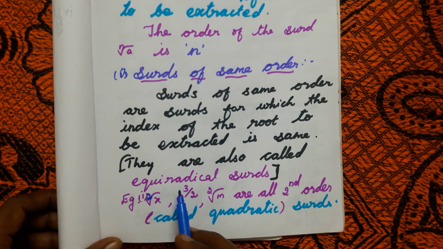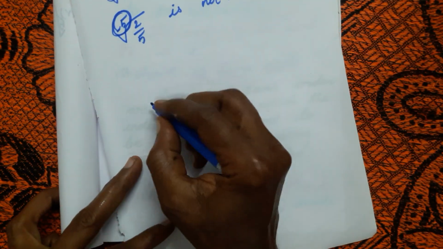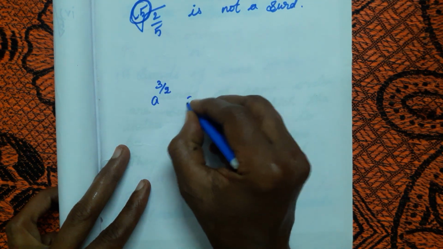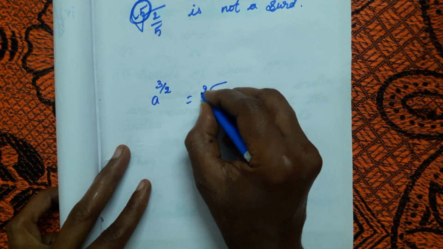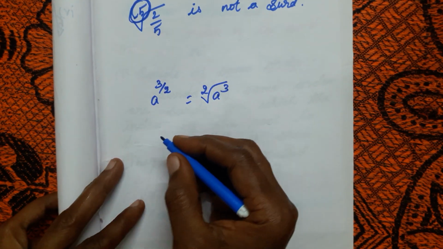Is a power 3 by 2 a surd? Yes. It is in fractional form, and we can write it in radical form. A power 3 by 2 is equal to square root of a cube.